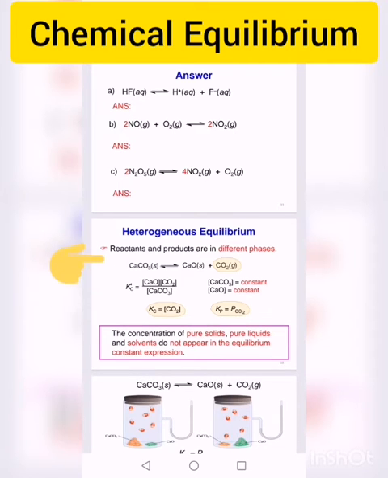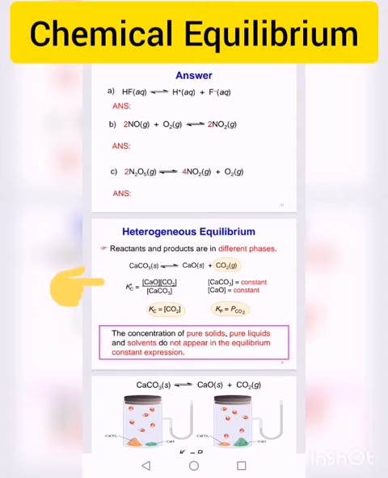But right now, CaO as a product and CaCO3 are constant because they are solids. The concentrations of pure solids, pure liquids and solvents do not appear in the equilibrium constant expression.